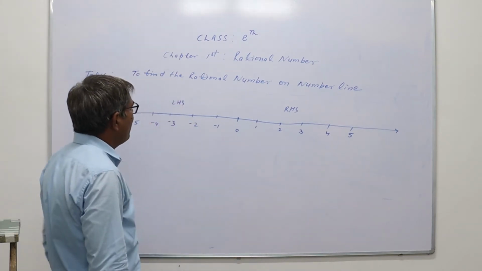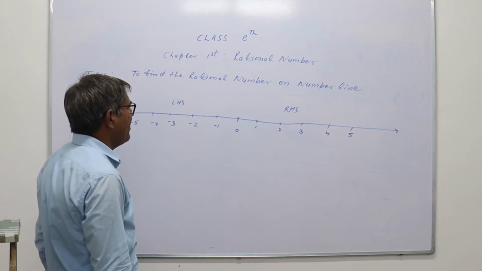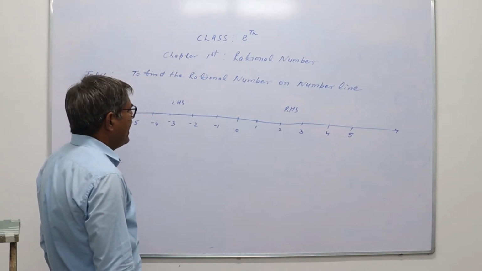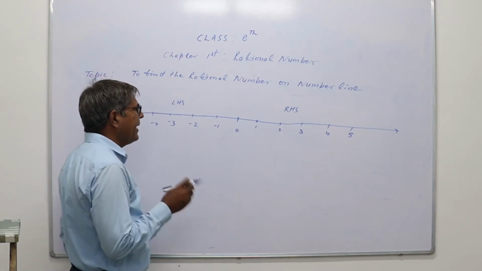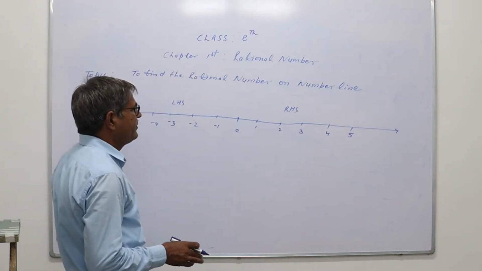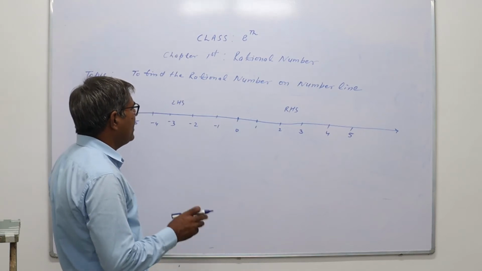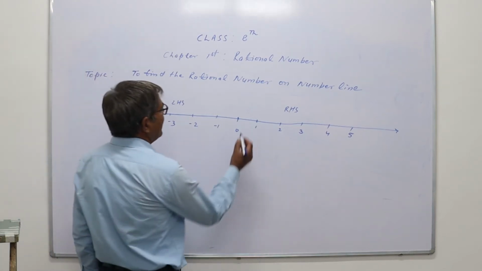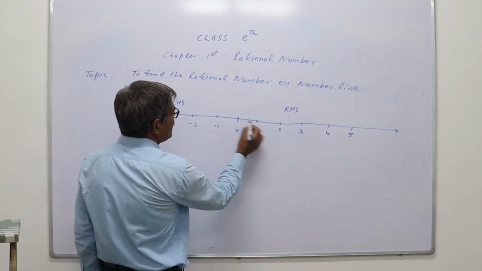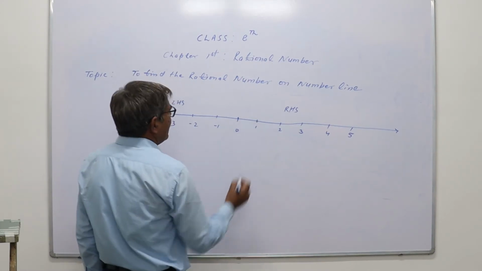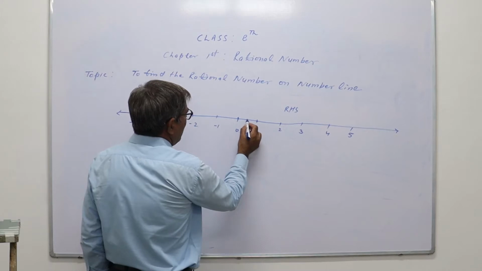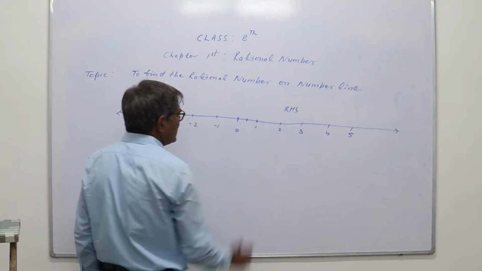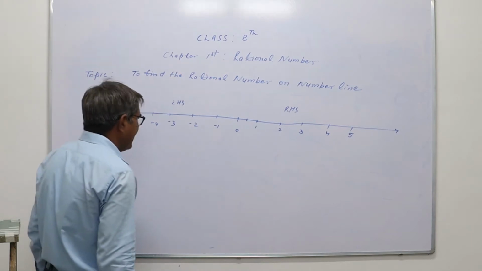Now we have to find rational numbers between any two integers, and there are so many rational numbers between any two integers. For example, if we have to find a rational number between 0 and 1, first of all, the midpoint between 0 and 1 will be represented.